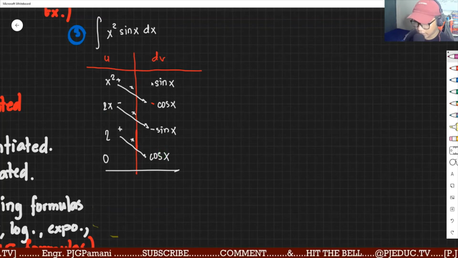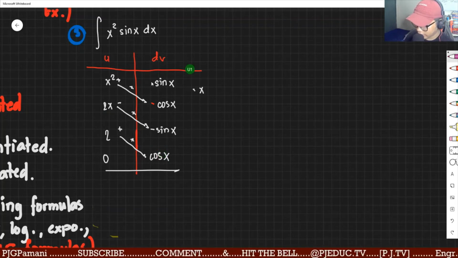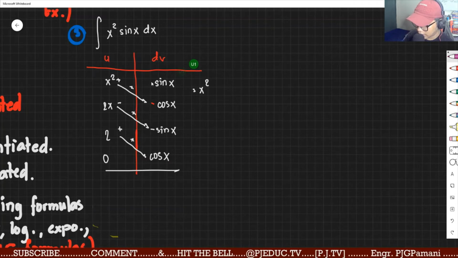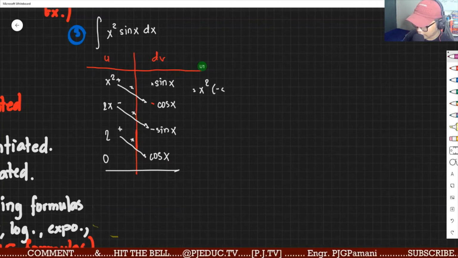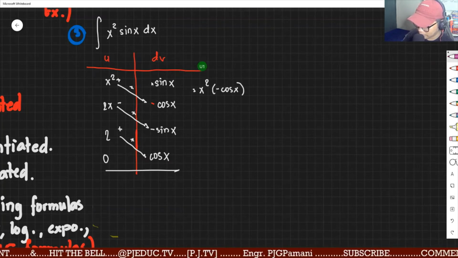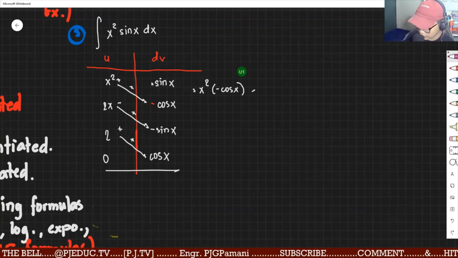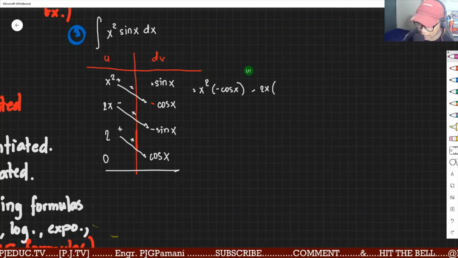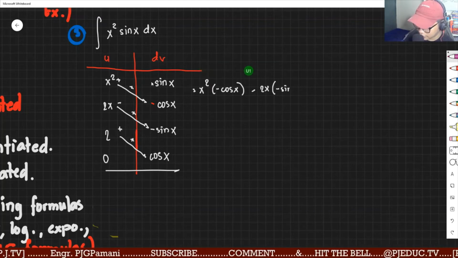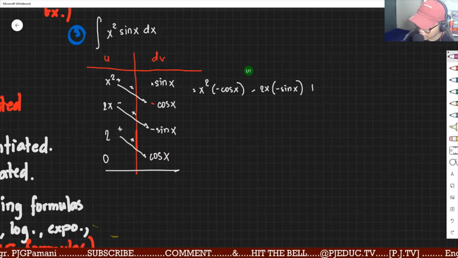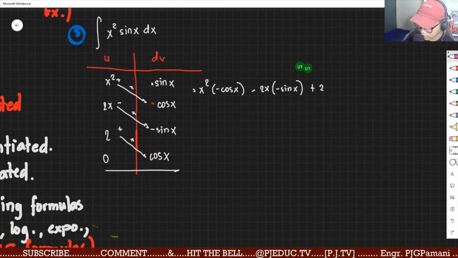So, simplify na natin. That is x squared times negative cosine x minus 2x times negative sine x plus 2 cosine x.